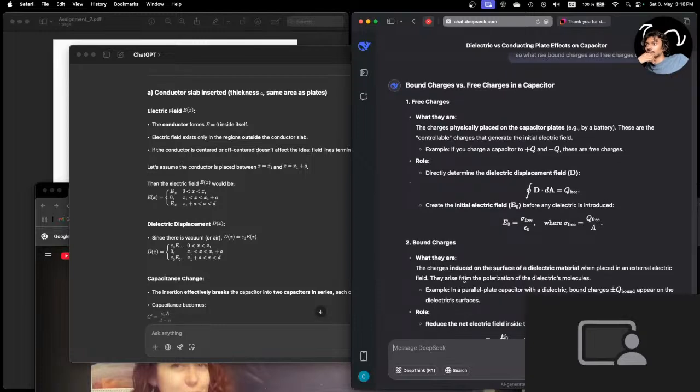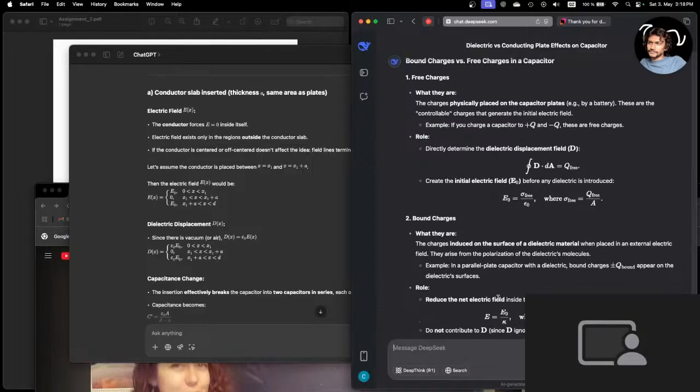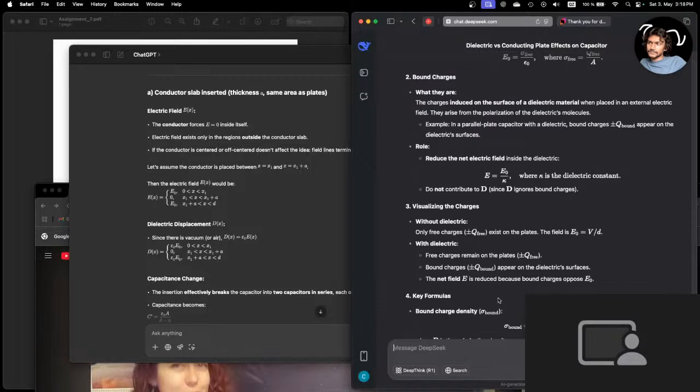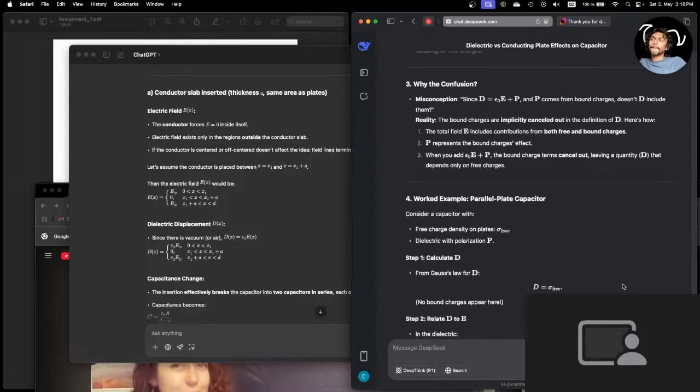Bound charges: charges induced on the surface of a dielectric material when placed in an external field. They arise from polarization of the dielectric molecules. Without the dielectric, only free charges exist. Gotcha.